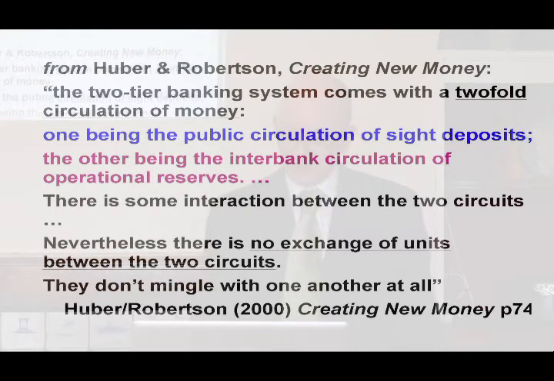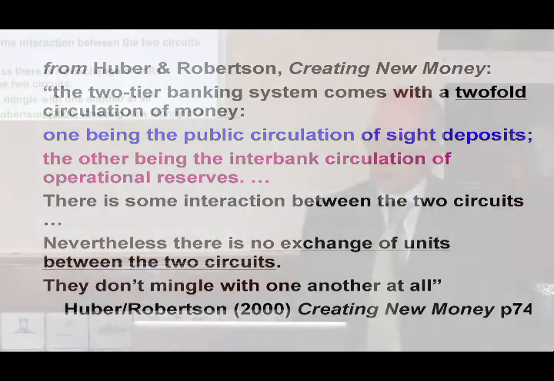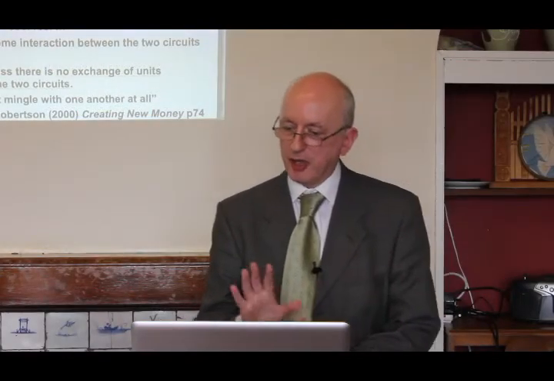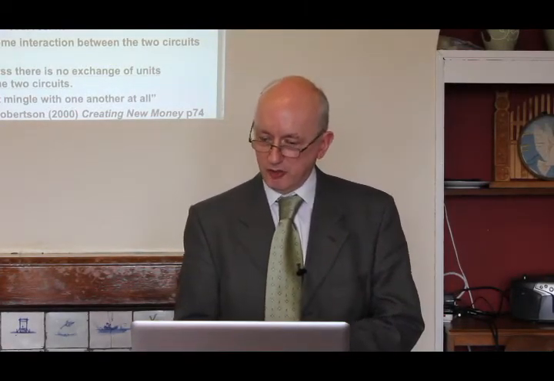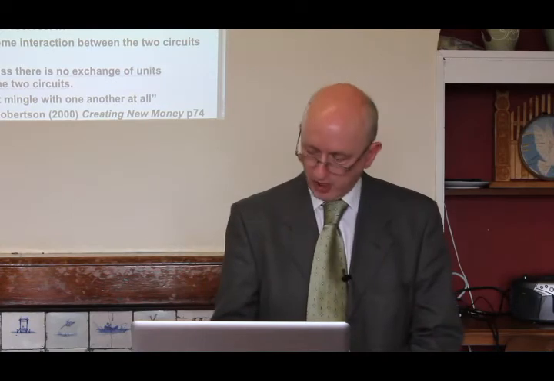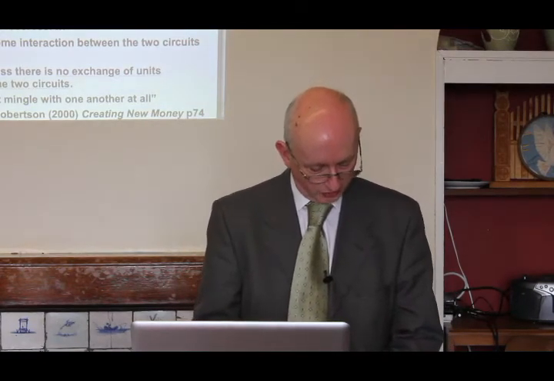And the other being the interbank circulation of operational reserves. That's our purple money. There is some interaction between the two circuits. Nevertheless, there is no exchange of units between the two circuits. They don't mingle with one another at all. So that's one of the first things that gave me a clue about this two-tier system and the two types of money that can't be exchanged.